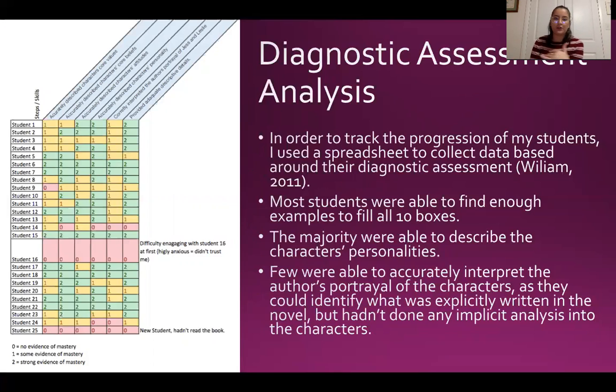So in order to track the progression of the students throughout the learning period, I used this spreadsheet, and what you can see here is I've created different categories. So for how well students were able to accurately describe their characters' values, beliefs, attitudes, personality, how they were able to accurately represent the character, and if they were able to give me enough information.